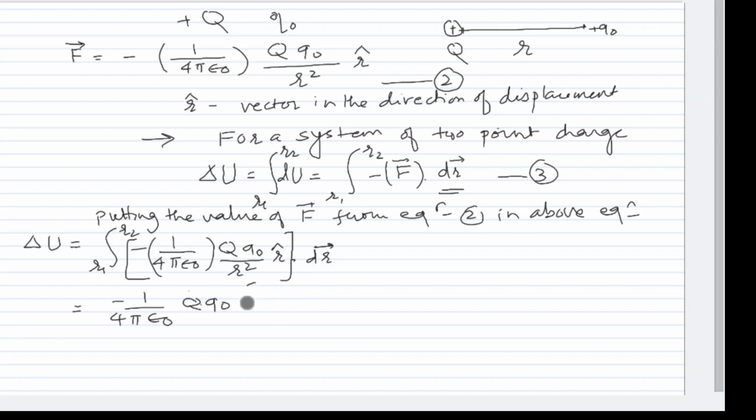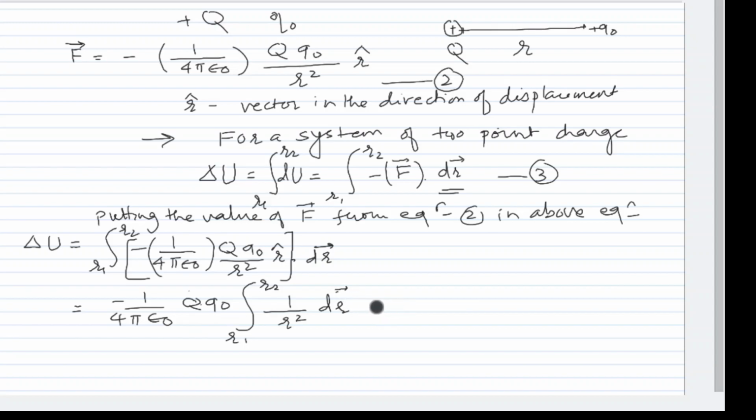Only the remaining thing we put inside the integration sign, and that is 1 upon r square into dr. Okay, the unit vector has magnitude 1, that is also constant, that's why we have taken it outside.